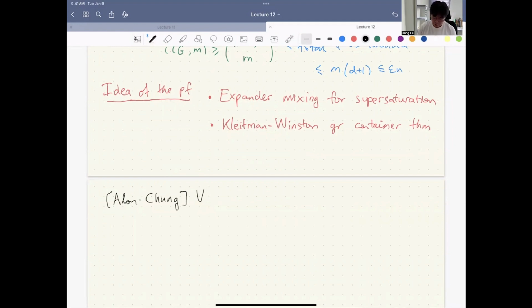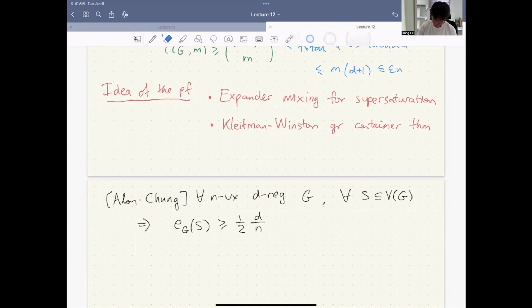It says that for any n-vertex d-regular graph G, and you take any subset S in V of G, then we have the number of edges of G on S is at least d over n times |S| squared over 2.